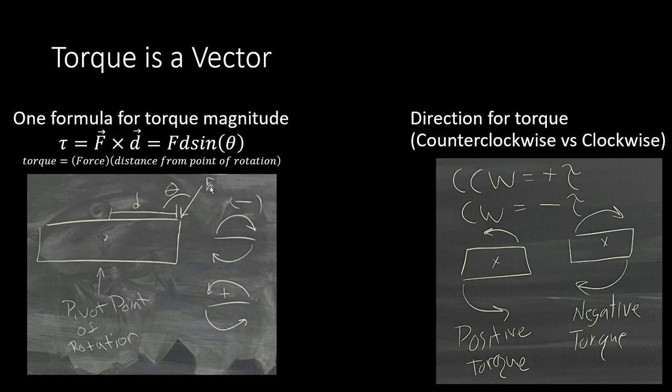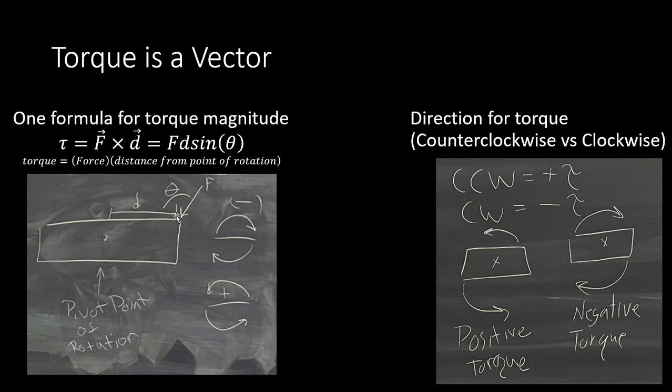So, for example, if we have some force, whether it's pulling or pushing at this point, its distance away from this point of rotation here is d, and the angle between those two vectors is theta. If we have some force that would encourage clockwise rotation, we're going to assign that torque a negative value.